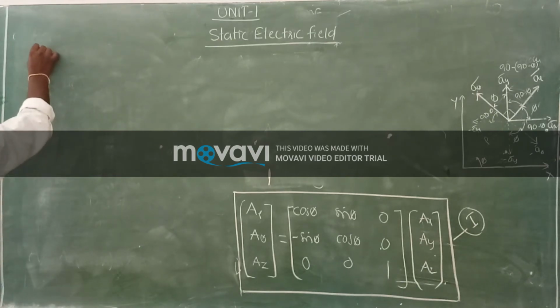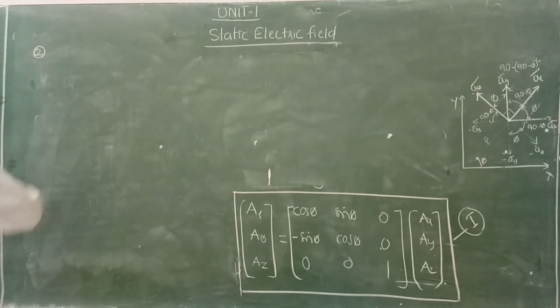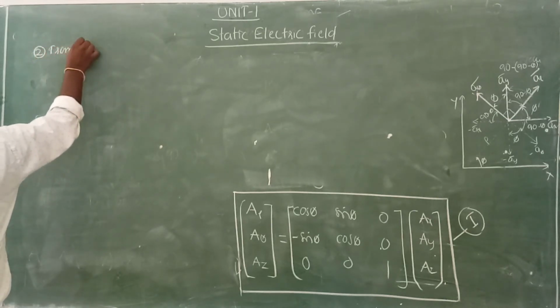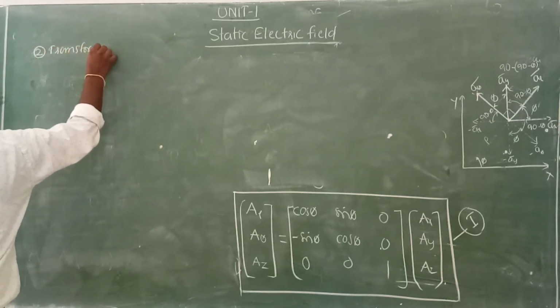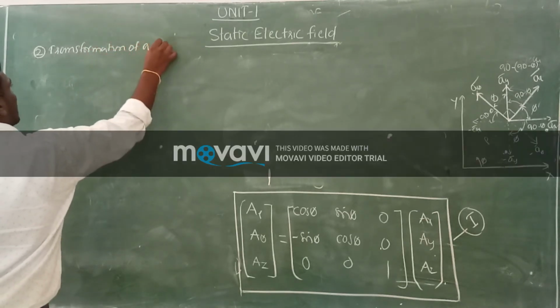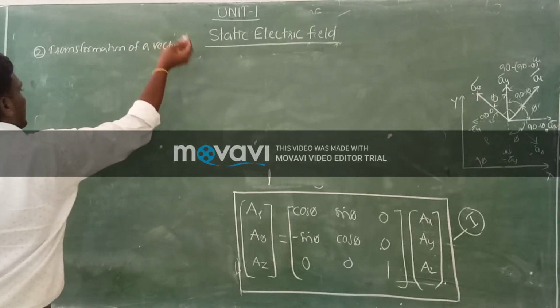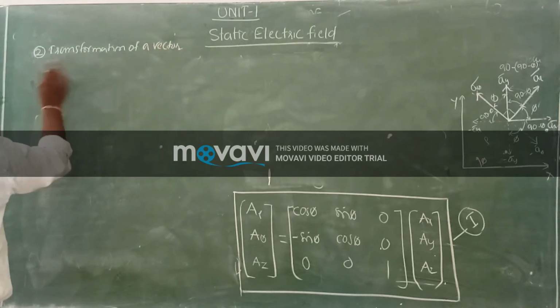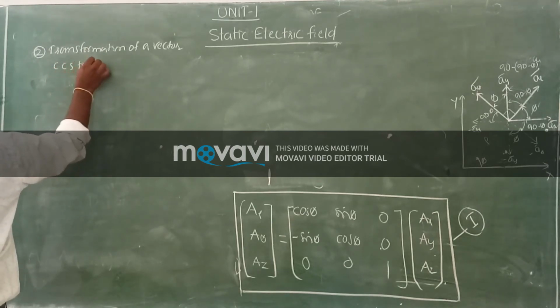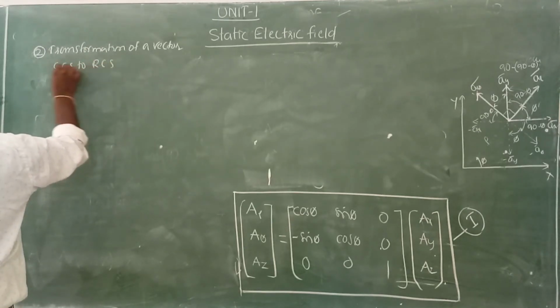Now similarly, we have the second transformation, that is the transformation of a vector in reverse. That means transformation of a vector from cylindrical coordinate system to rectangular coordinate system.